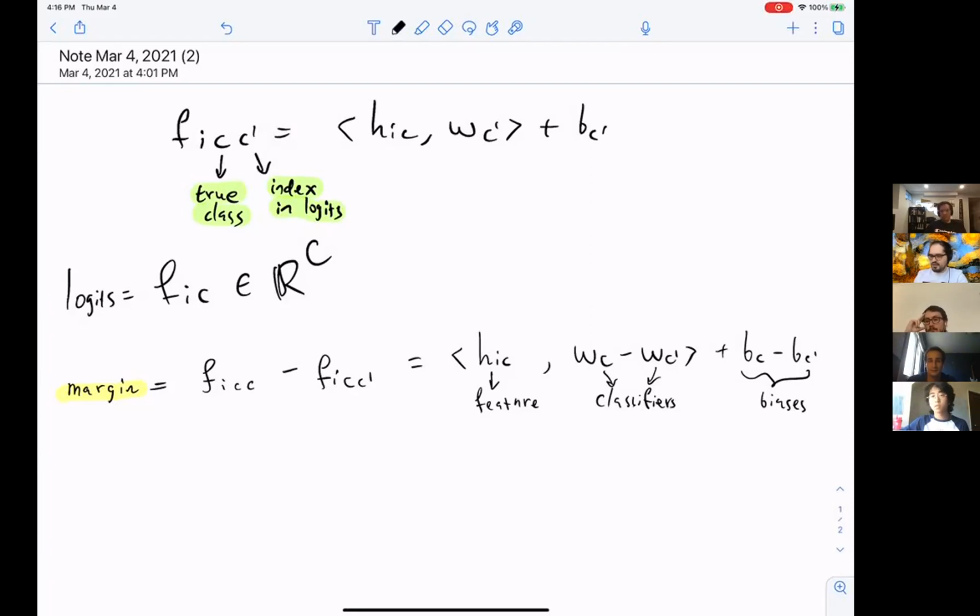So the margin in that case was simply equal to something like h_ic inner product w_c minus w_c'. And the reason there was no bias is because you cannot prove that claim if you have a bias. Or I'm not aware of anyone who proved that claim if there's a bias. So unless there's other questions, I'm going to proceed to today's topic.